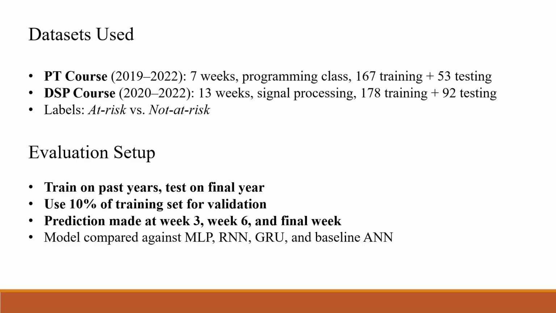The model is trained using data from past years and tested on the final year. 10% of the training set is used for validation. Predictions are made at week 3, week 6, and the final week. The model is compared with MLP, RNN, GRU, and a baseline ANN.